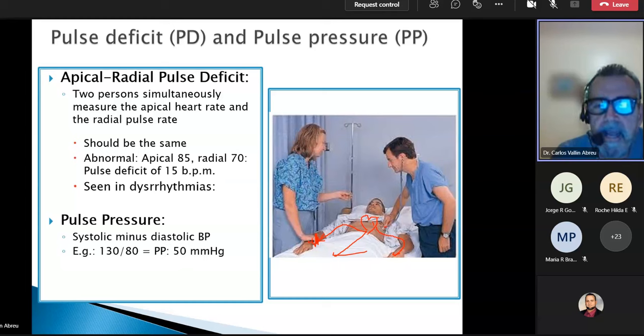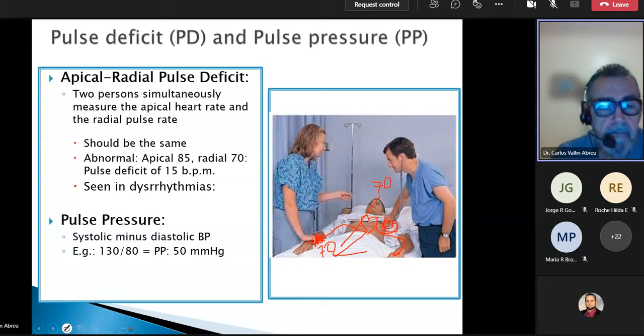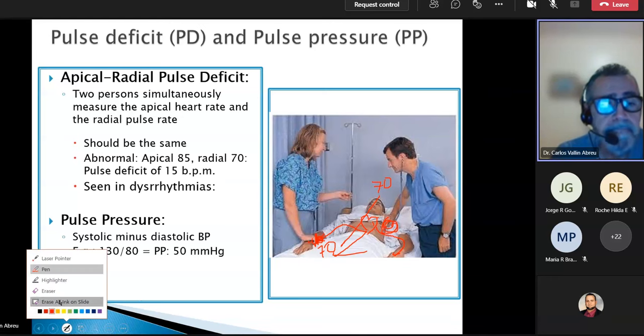So theoretically, if a person counting the beats of the heart has 70 beats counted, you should palpate exactly or very near the same amount of beats in the radial artery. This is the normal. No difference between the apical pulse, which is auscultated, and the radial pulse, which is palpated.